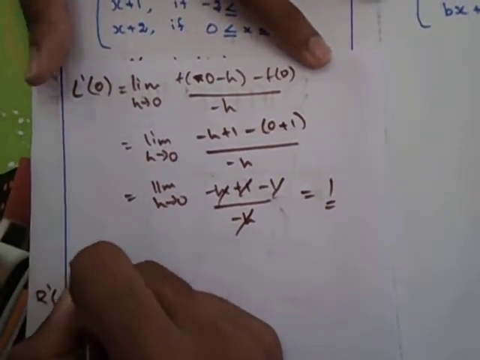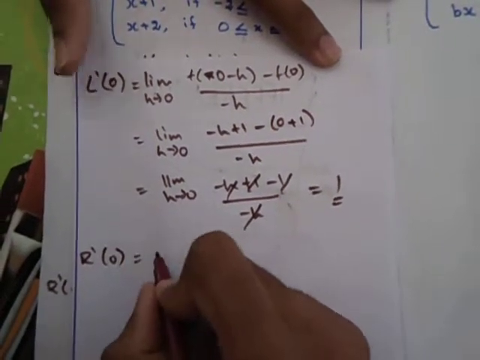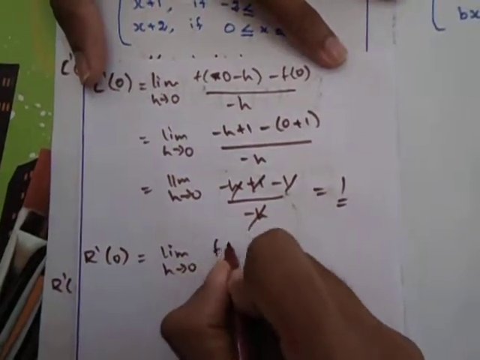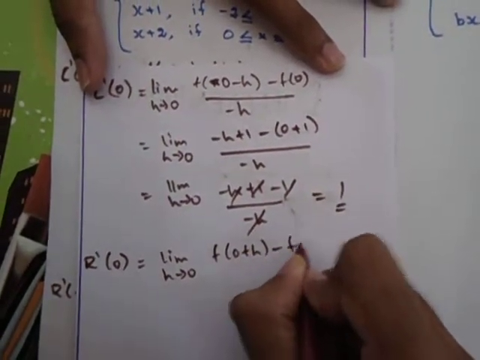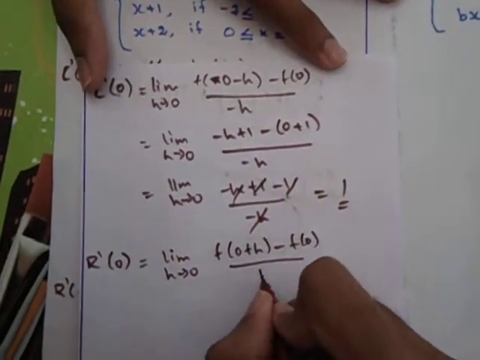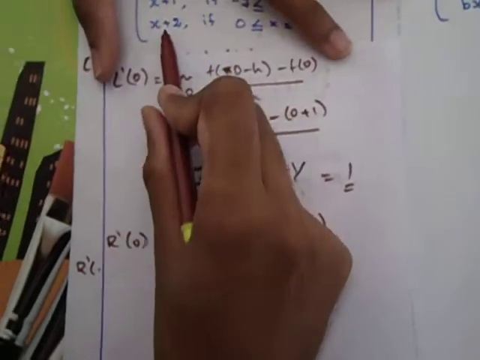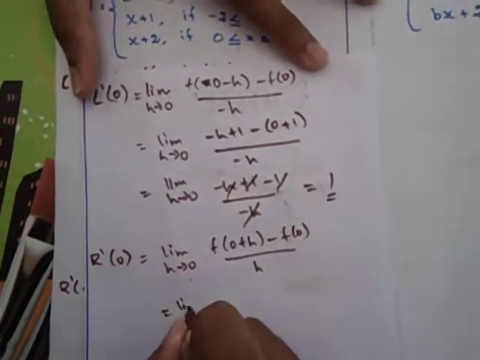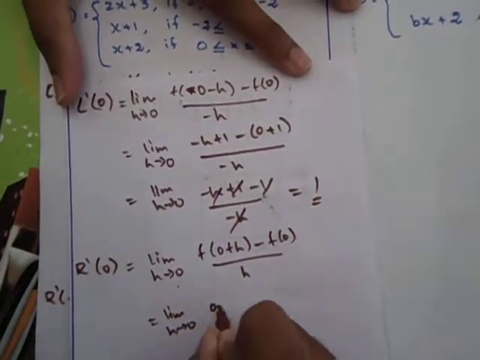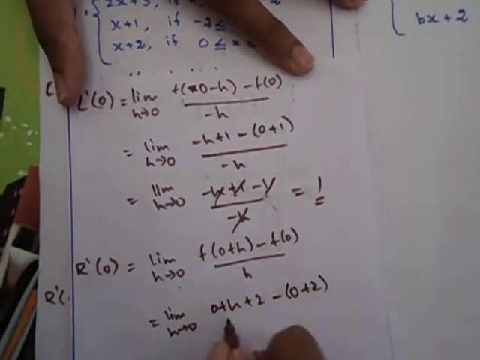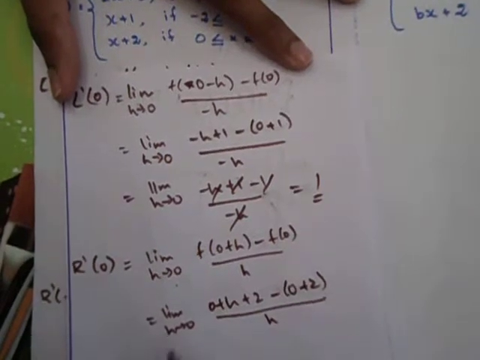And the right derivative at 0 is equal to limit h tends to 0 f of 0 plus h minus f of 0 by h. So when we substitute this here, we get limit h tends to 0 plus h plus 2 minus 0 plus 2 by h.